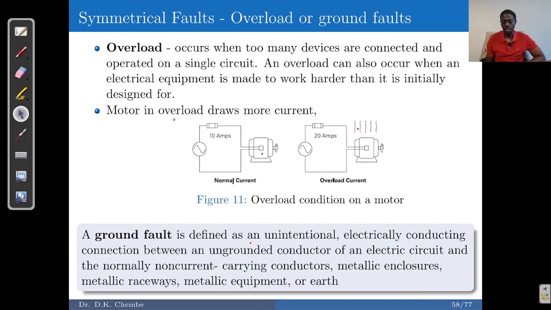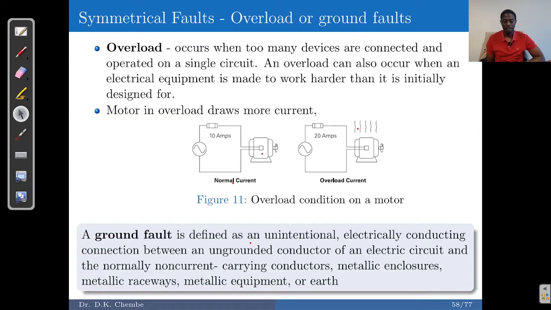Overloading of a device can lead to overheating, which in turn can lead to insulation failure or insulation burnout, leading to conductors touching each other and leading to a short circuit. So mostly overload activities as well as ground faults can also lead to a short circuit condition.